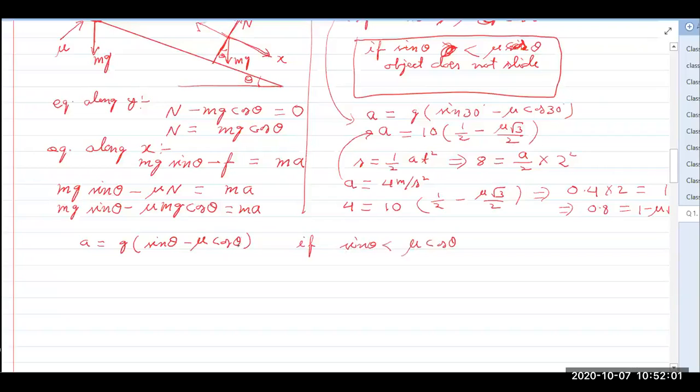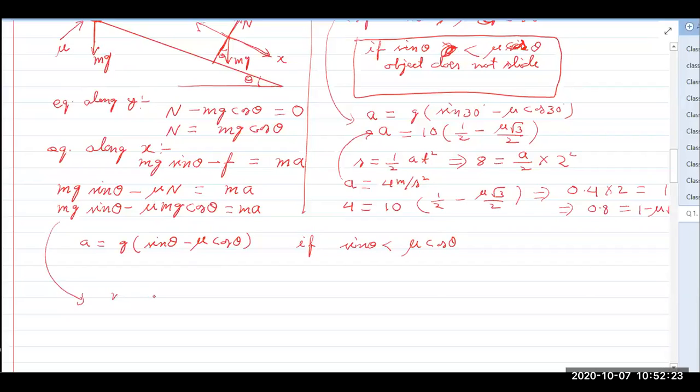In this case the maximum friction value is more, and we will not have this maximum value acting, because the object will not start sliding. If an object does not start sliding, the friction can be anything less than the maximum value.